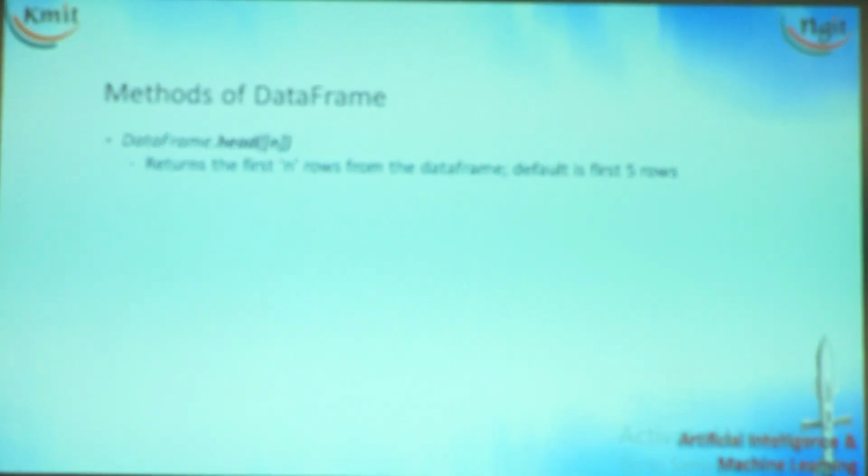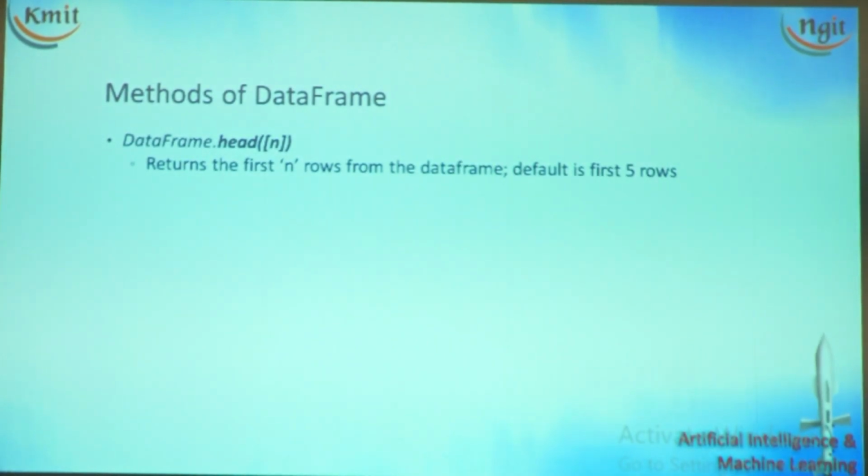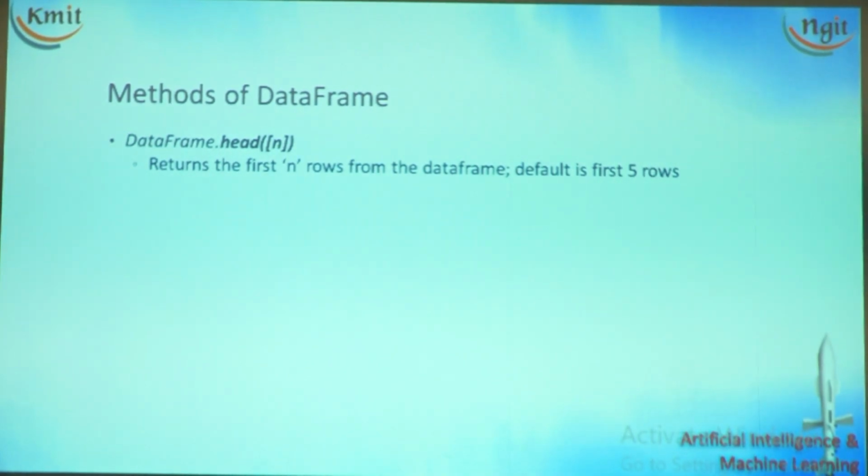If I am not passing any n as a parameter to head, and I want to view the first 20 samples out of my 1436, I should give data frame name dot head of 20. If I am not giving that 20, by default it gives me 5 samples. Try that: data frame name dot head, and then get 10 samples for me. Try only the head method, and the second time try getting the first 10 samples of the data set. Just view how your data looks.